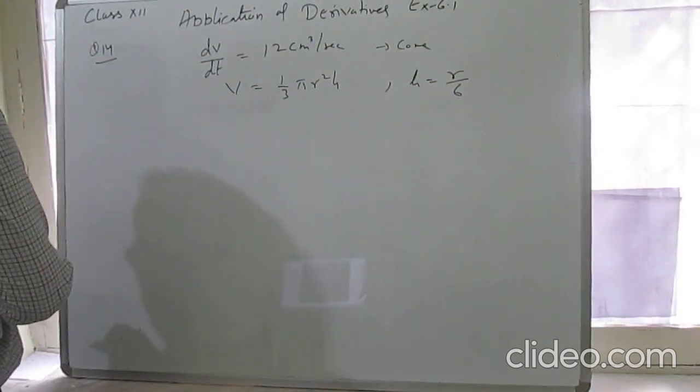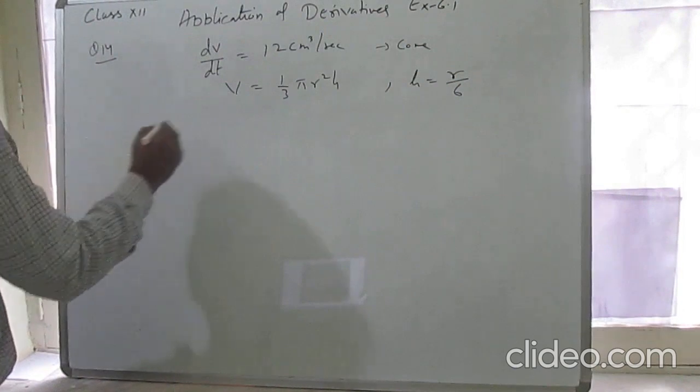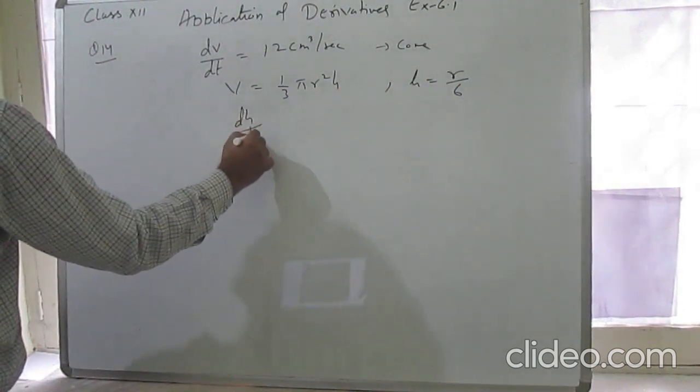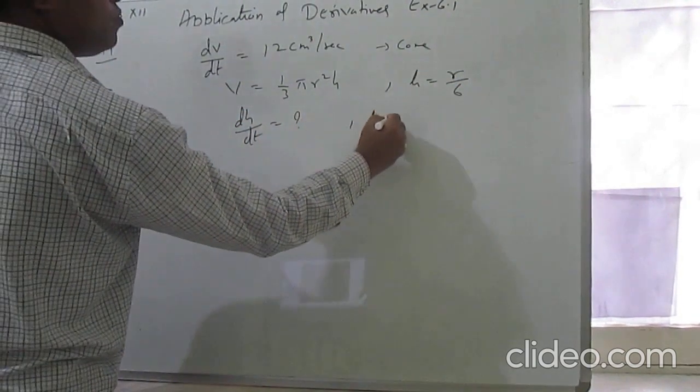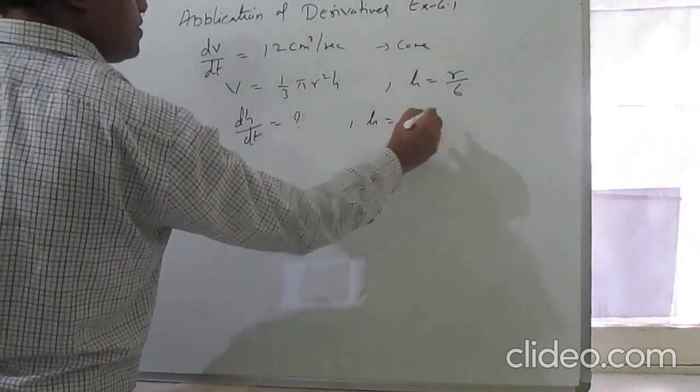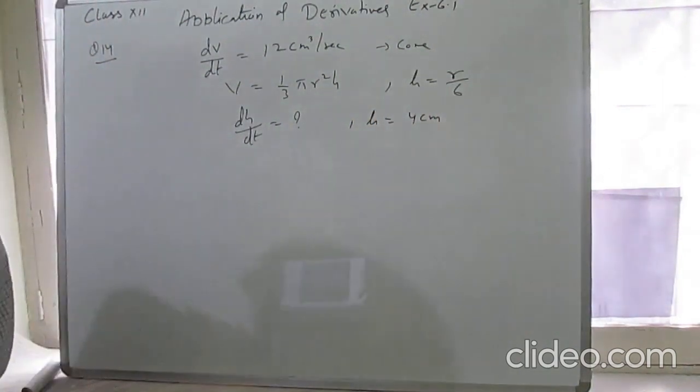The volume of a cone is 1 upon 3 pi r square h. How fast is the height of the sand cone increasing? dh by dt you have to calculate, when the height is given to you as 4 centimeter.